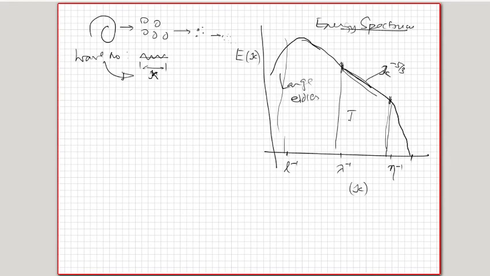This is usually called the inertial subrange, and this is called the viscous subrange. Okay. Now, whatever is on this side of the Taylor microscale, I'll come to what is Taylor microscale. So this is Kolmogorov.